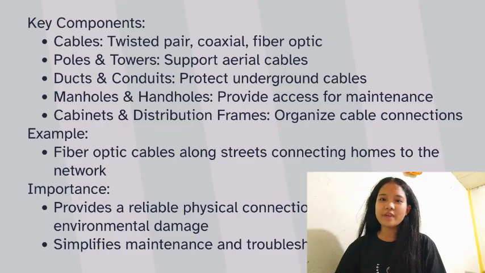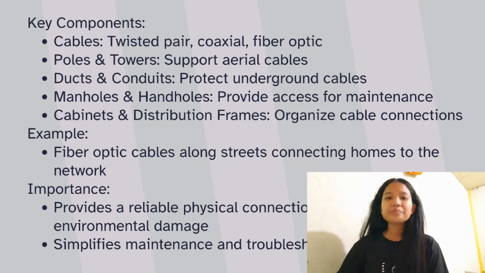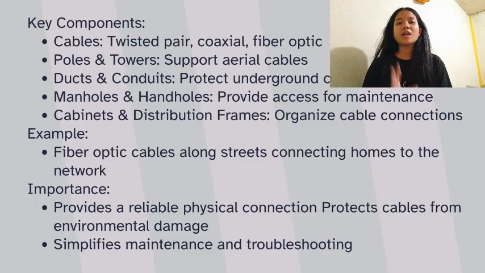Manholes and handholds provide access for maintenance. Cabinets and distribution frames organize cable connections. For example, fiber optic cables along streets connecting to homes. It is important because it provides a reliable physical connection, protects cables from environmental damage, and simplifies maintenance and troubleshooting.